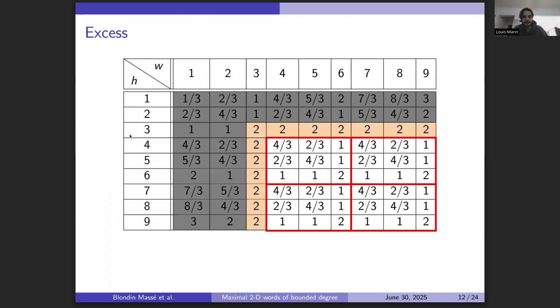But for the case where one of the dimensions is 3 and higher, excess seems to be a statistic that is important to keep in mind. So we'll try to use this to find the maximal area of two-fold words for any dimension.